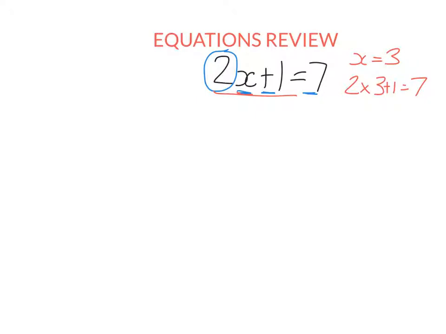So when we want to solve, we have to subtract 1 first. We have to undo adding 1 first, because it was the last thing done to x. Then I get 2x equals 6, and I undo timesing by 2 by dividing by 2, and I get x equals 3.